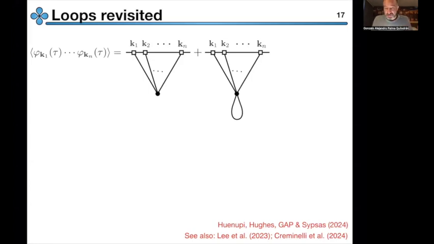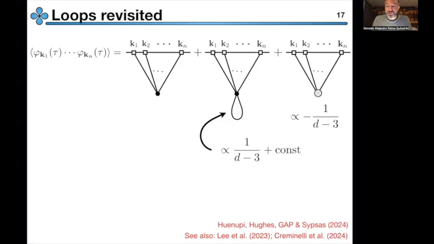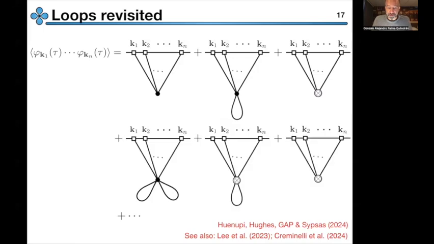And as we just learned, this one loop has to be a constant because a loop is just proportional to the two-point function at coincident point. This is a divergent contribution, and we have to deal with it. And to deal with it, we can just use counterterms, which with the right balance will cancel the divergence coming from this single loop. And in fact, you can do this up to an arbitrary number of loops. You can eliminate divergences order by order with counterterms.